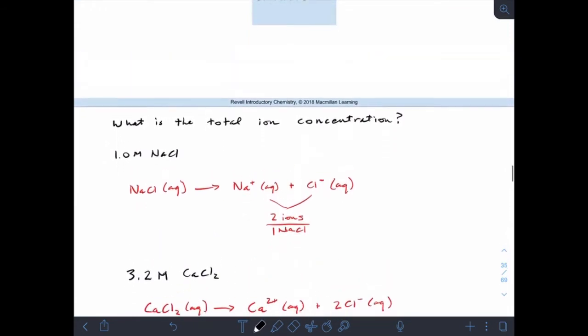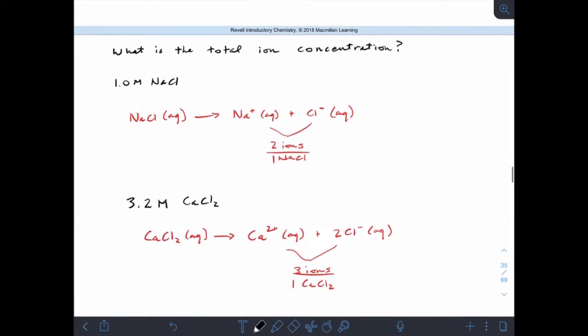One of the things we need to know in dealing with colligative properties is how many ions are in your solution. When we add, for example, some sodium chloride to some water and get a 1 molar solution of sodium chloride, what is the total concentration of ions in that solution?